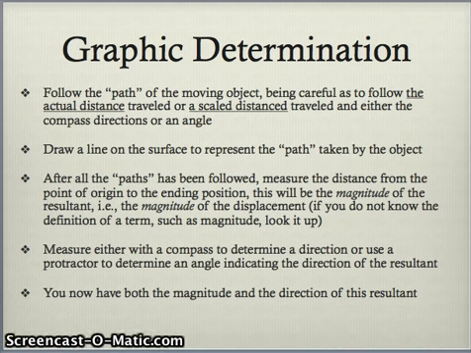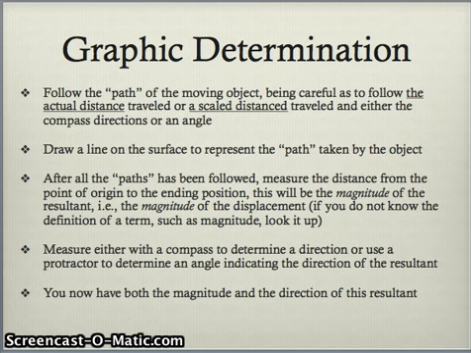Then draw the line on the surface to represent the path taken by the object, and after all the paths have been followed and connected using the head to tail rule, measure the distance from the point of origin to the ending position, the free point of the arrow on the very last vector arrow that you have drawn. That distance from the point of origin to the final position will be the magnitude of the resultant, or the magnitude of the displacement in this case.